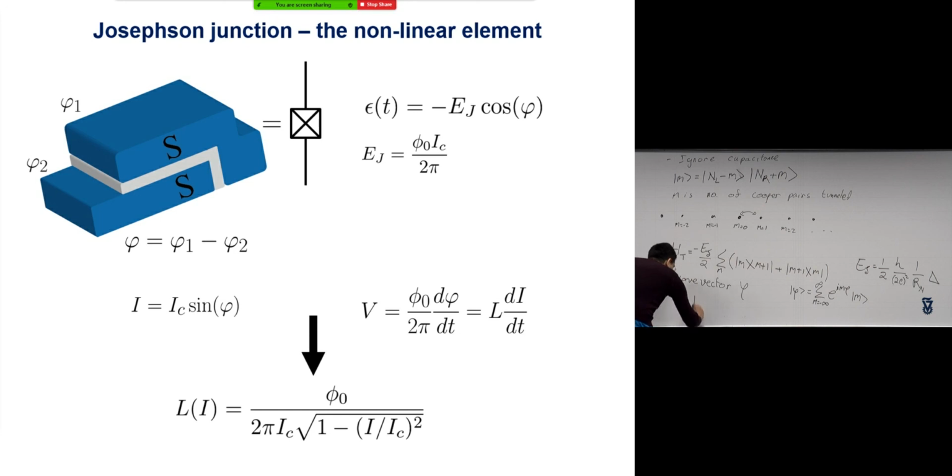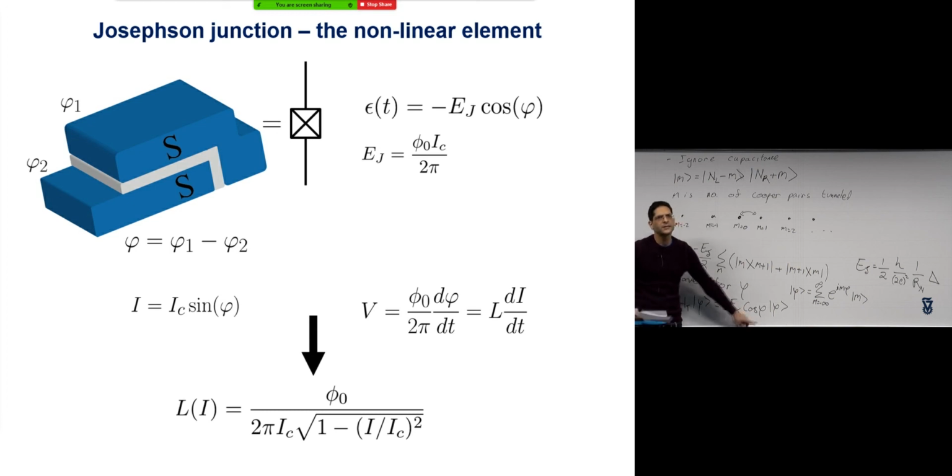And the solution for H on phi is basically minus Ej cosine phi. Okay? And this is how you get the cosine potential for the Josephson junction.